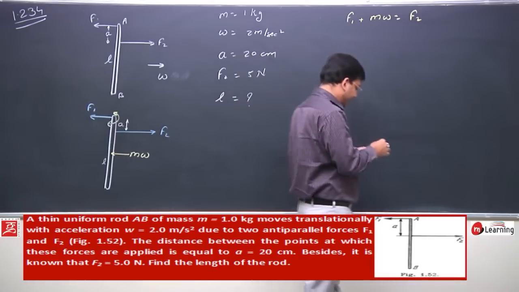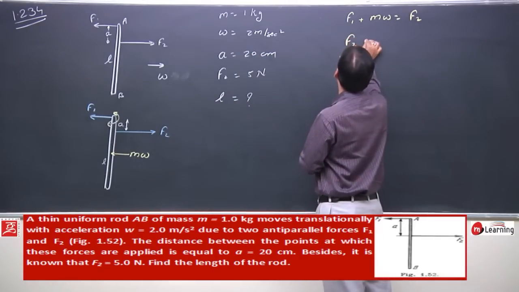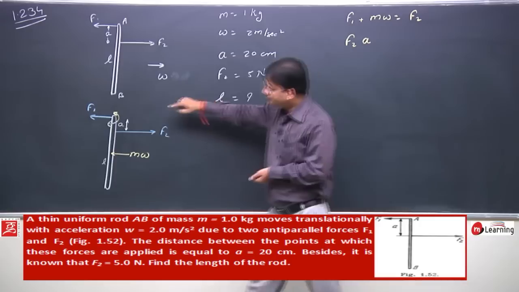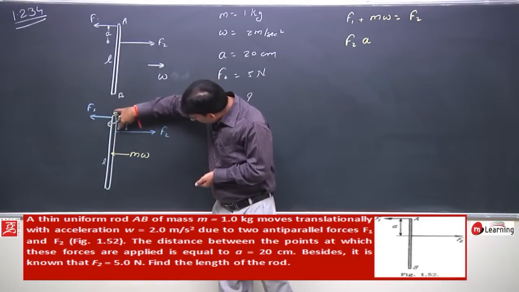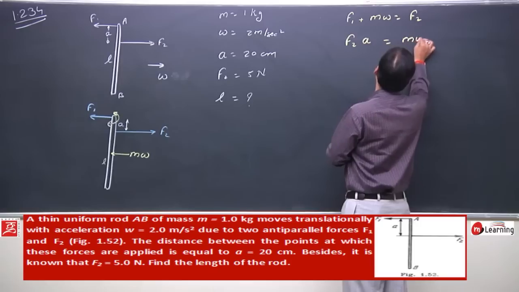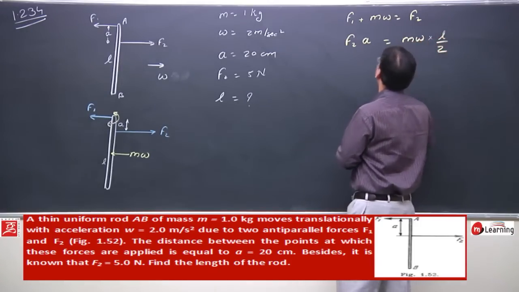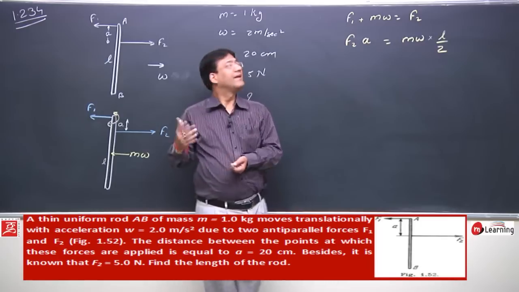F2 into A is equal to MW into L by 2. I can write this.